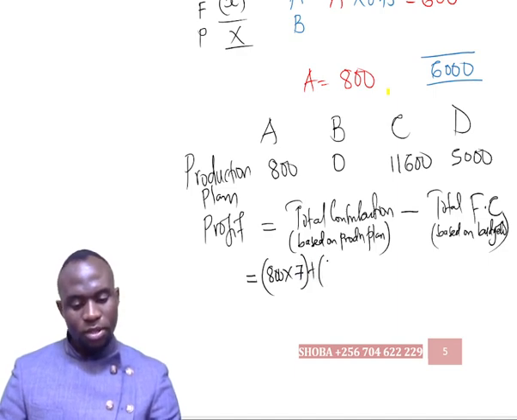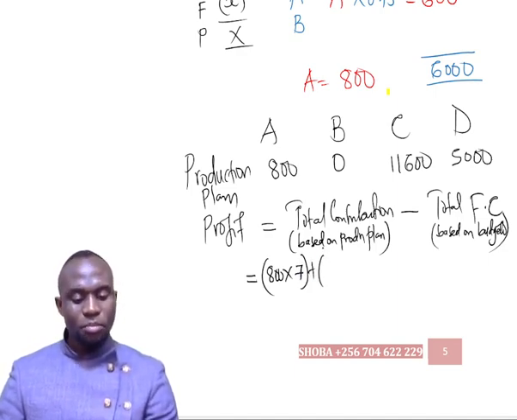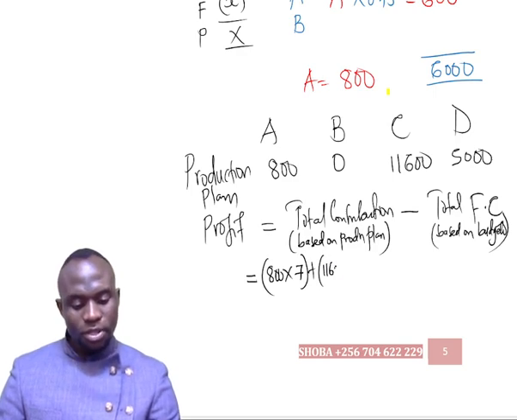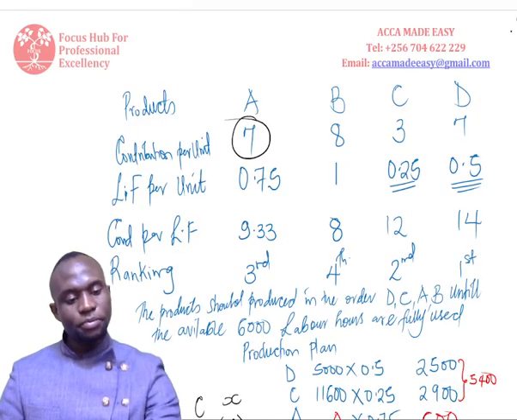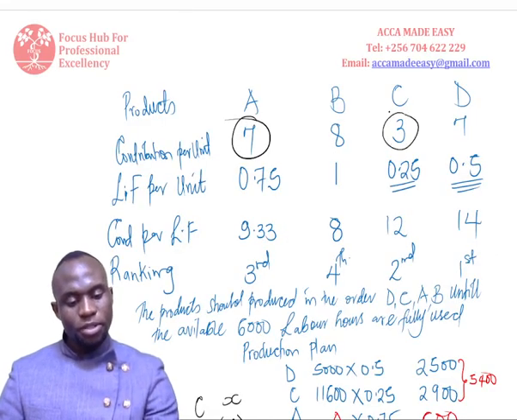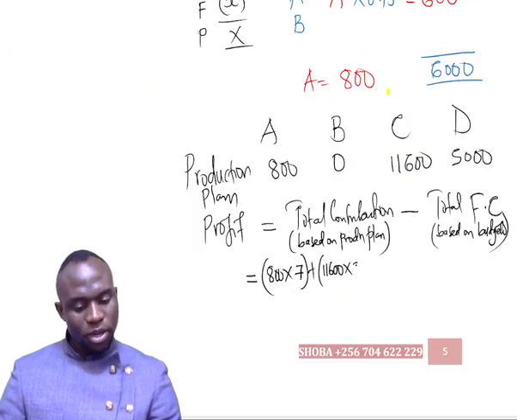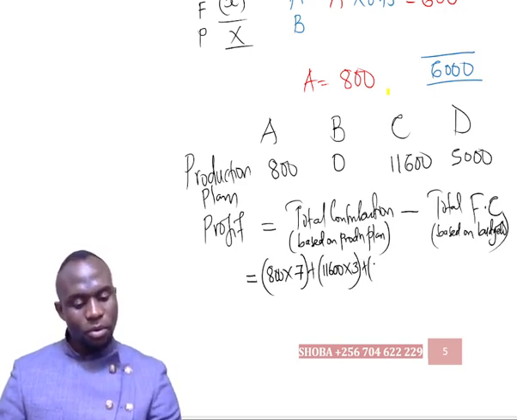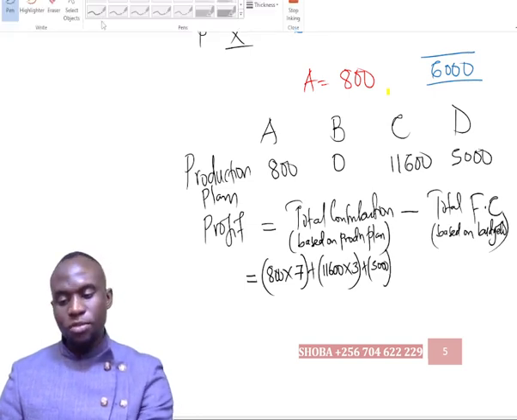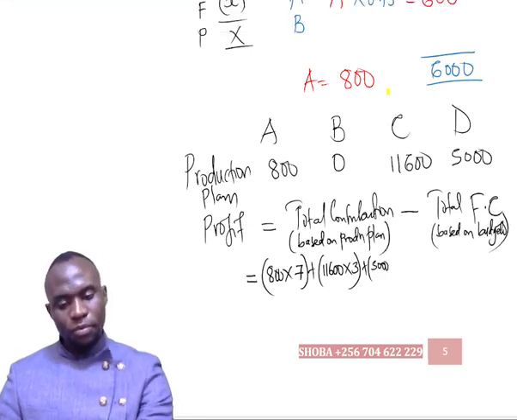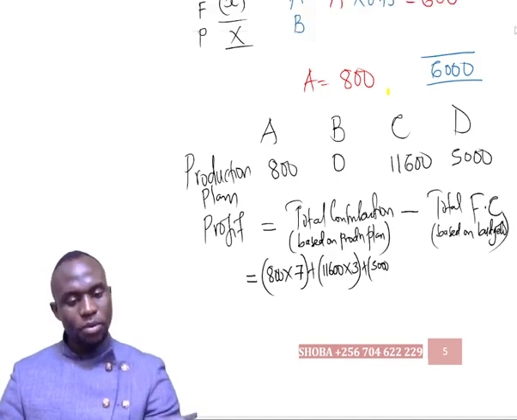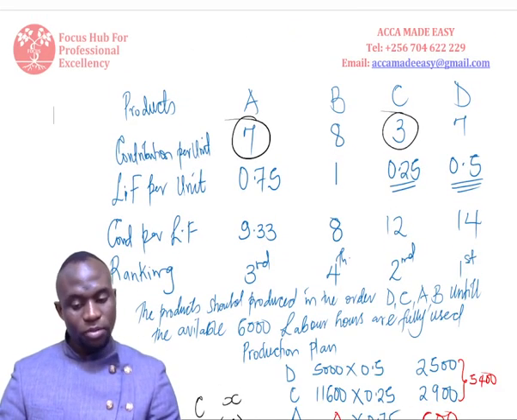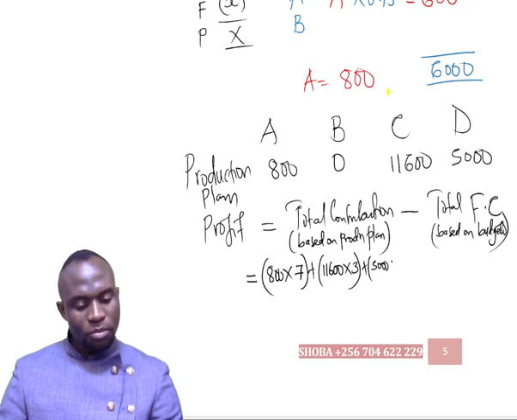Then plus the next product, product C, 11,600, but each unit gives a contribution of 3, so times 3. Then plus product D, we are producing 5,000 units, but each unit gives a contribution of 7 per unit, so times 7.